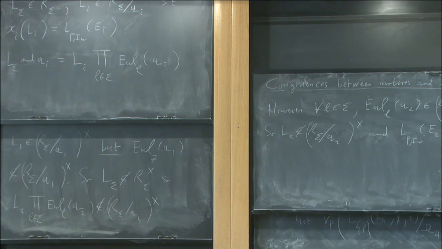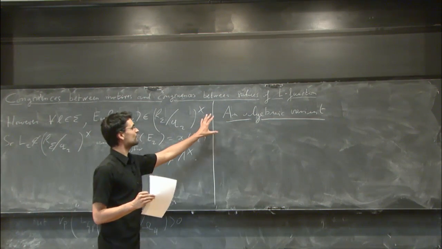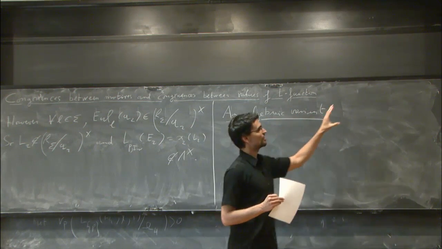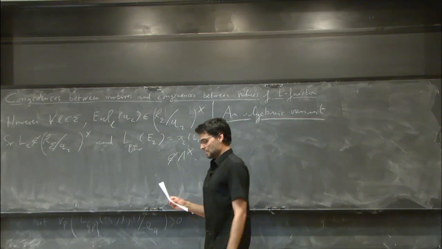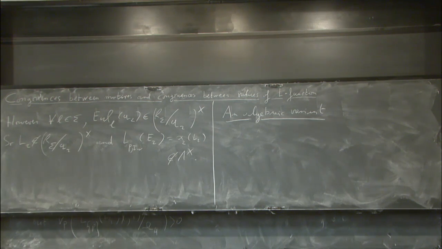And those are two ingredients that are notoriously hard or missing in other situations. So the hope is that if I can give a purely algebraic proof of this result, then it could generalize. In fact, I don't think that an analytic proof of this result exists already for modular forms which are not ordinary.